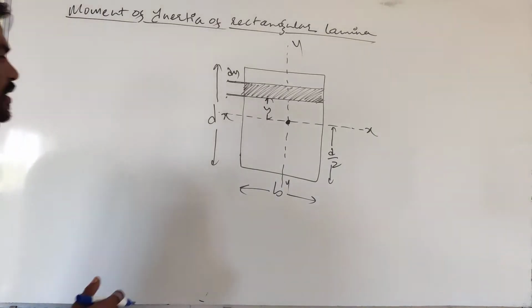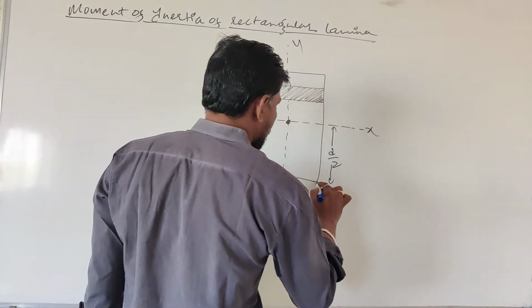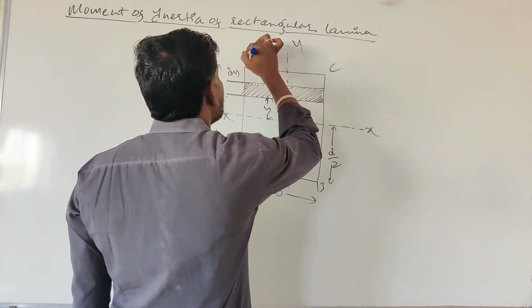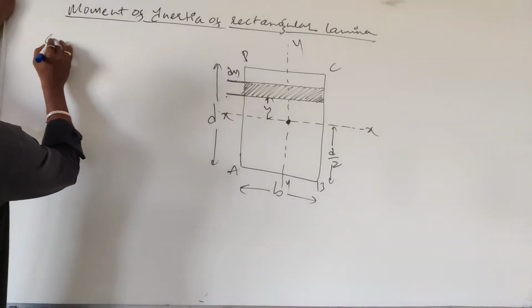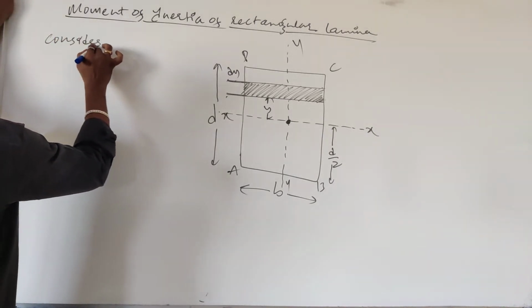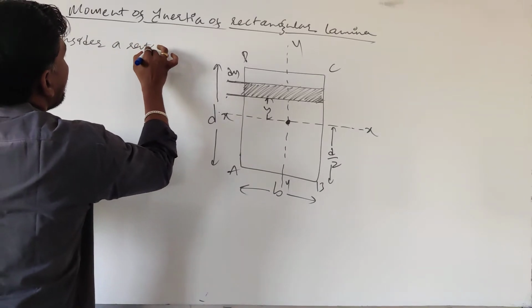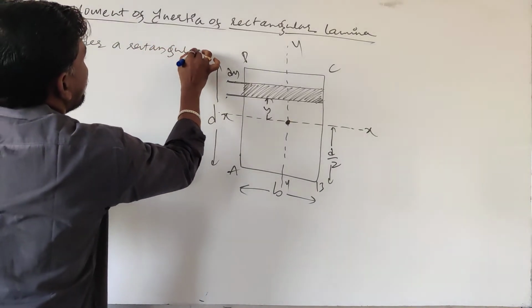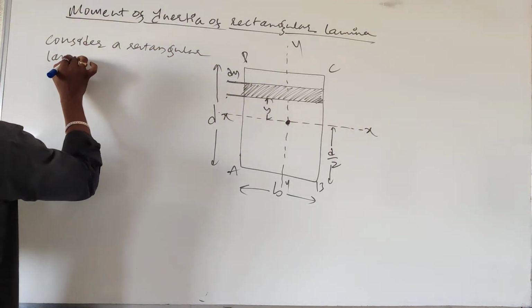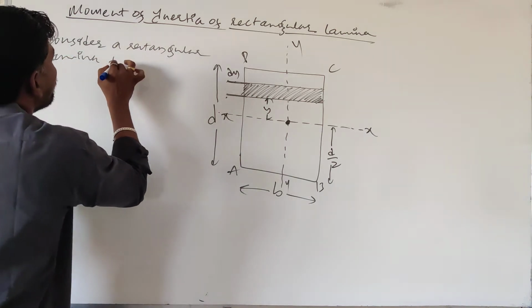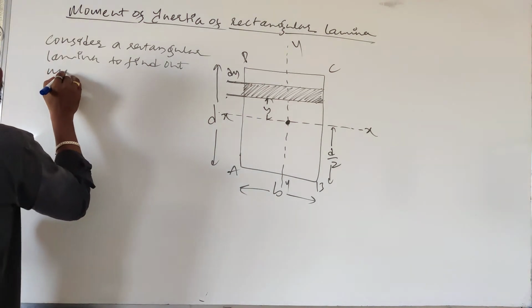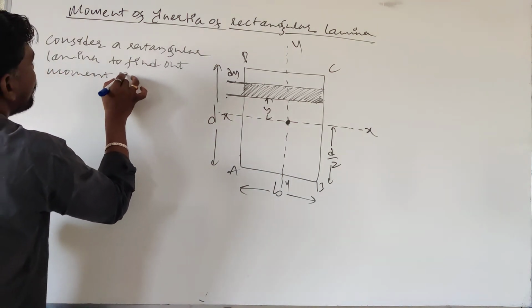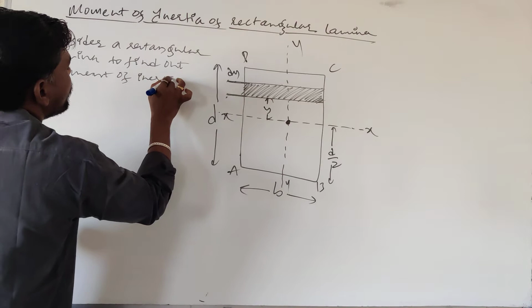And this one I am going to take as AB, CD. So here consider a rectangular lamina to find out the moment of inertia.